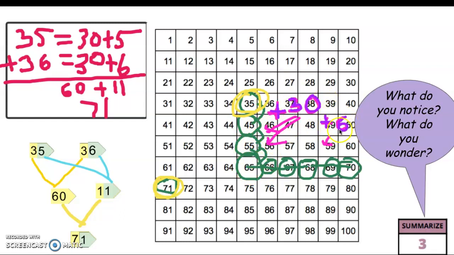And then if I add 6, I'm going to jump to the right because that's plus 1, 6 times. 65, that's 66, second time 67, my third jump 68, my fourth jump 69, my fifth jump 70, and then 71. Or I could also use the place value cards, 35 and 36, 30 and 30, that's 60, 5 and 6, that is 11, and then 60 plus 11, that's 71.